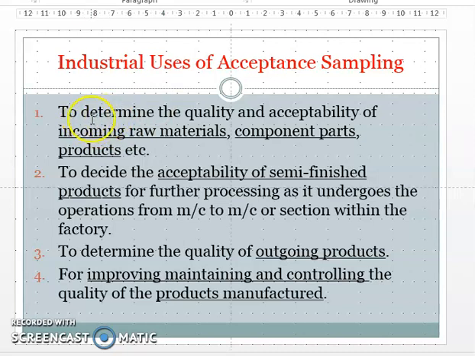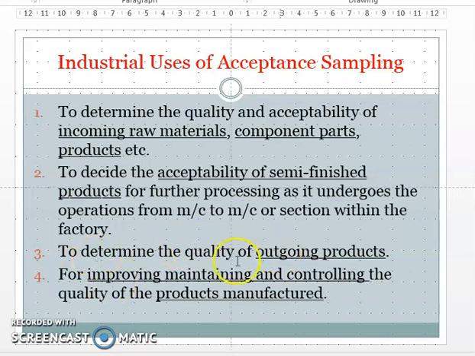The first industrial application is to determine the quality and acceptability of incoming raw materials, component parts or products. After that you have to decide the acceptability of semi-finished products for further processing, as they undergo operations from one machine to another machine, or from one department to another department within the factory. Every time you have to use this acceptance sampling.